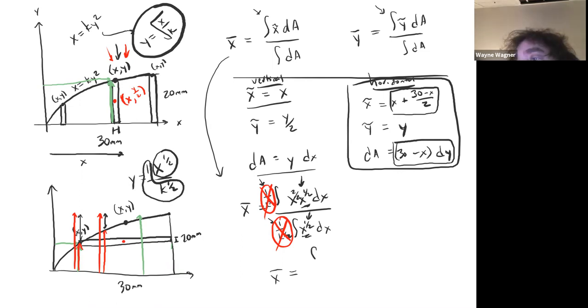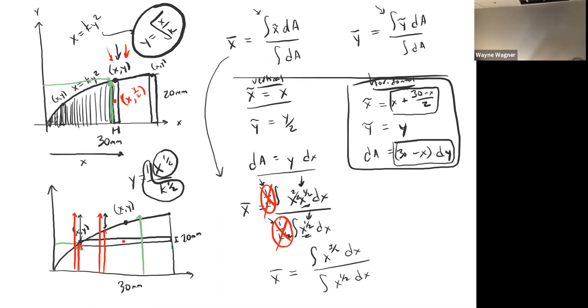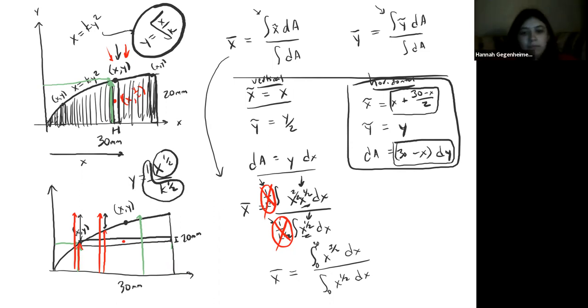So this becomes the integral of x to the 3/2 dx over the integral of x to the 1/2 dx. Okay. And since we're doing x's, that means we're going from x equals 0 over here till we get to x equals 30 on this end. So we're going to go from 0 to 30, from 0 to 30.